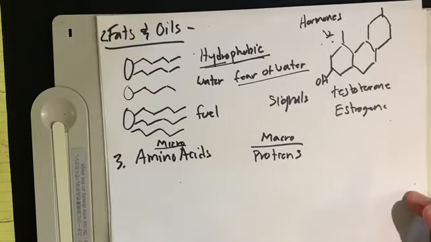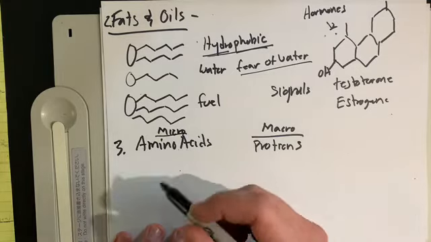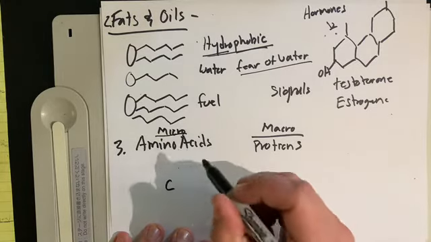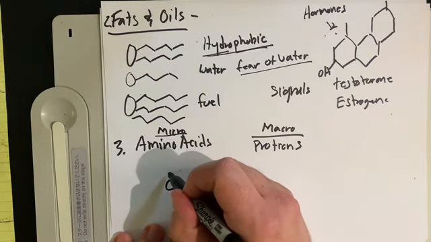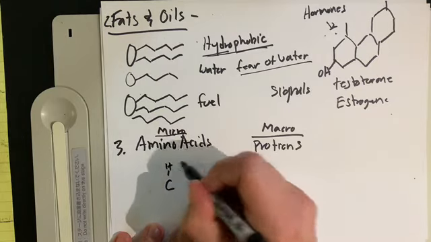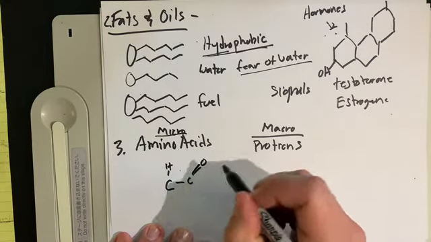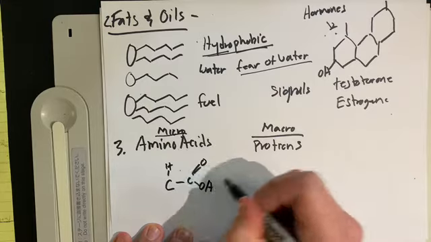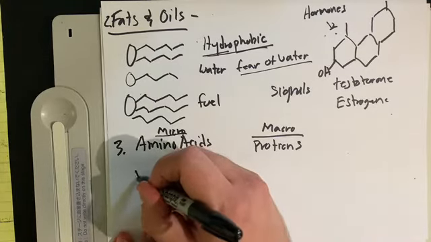All right, so let's draw kind of what an amino acid looks like. So amino acids are pretty interesting. They have an amine group and a carboxylic acid group. That's why it's called an amino acid. So here is the carboxylic acid group over here. And then on this side, we have our amine group.